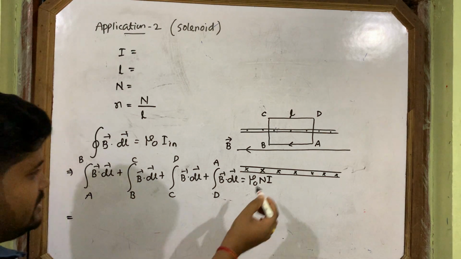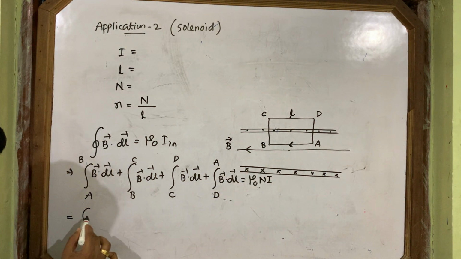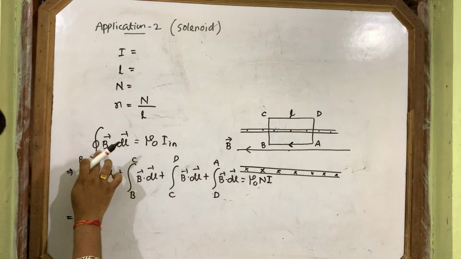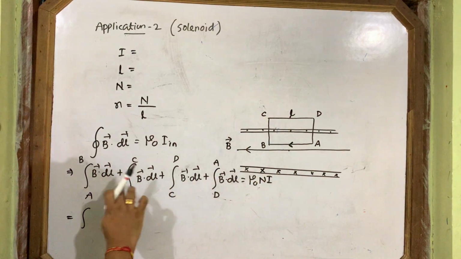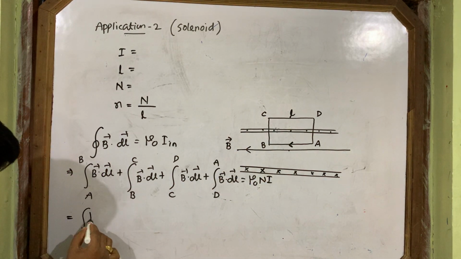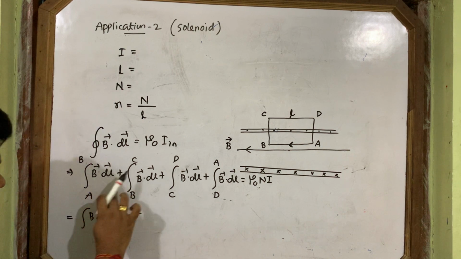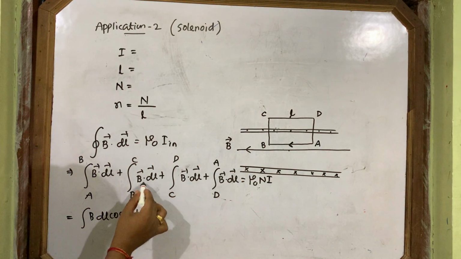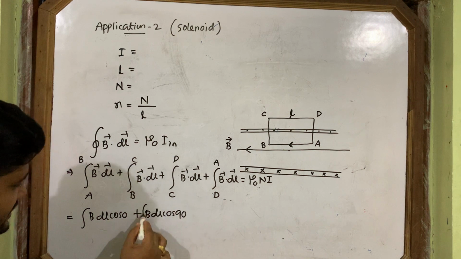Now, you see the magnetic field and dl for AB are in the same direction. So here there is no closed integral symbol, because the closed loop is split into 4 parts. So here it is B dl cos 0, because the angle is 0. For BC it is 90 degrees, so B dl cos 90.